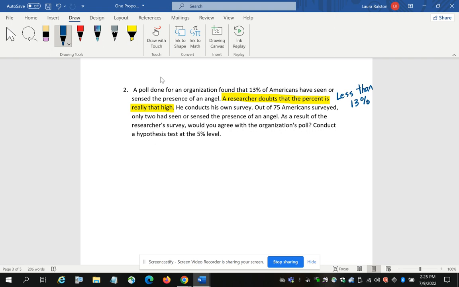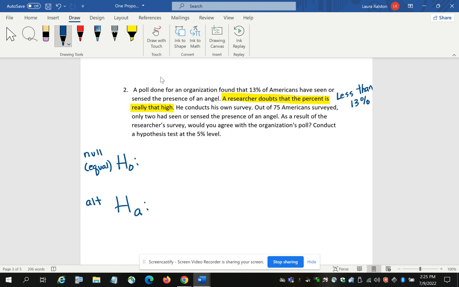So the first step in any hypothesis test is to state the null and the alternative. The null has to contain equal in some form, and the alternative is the exact opposite.